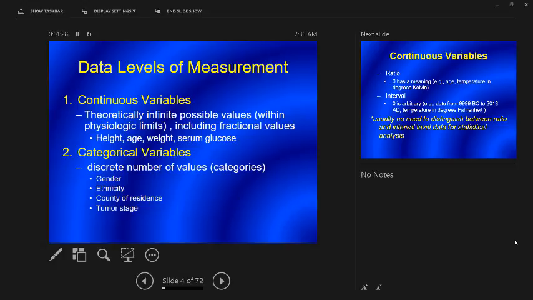They're just a number. That's a continuous variable, as opposed to a categorical variable that can only assume certain discrete values. Examples here you see are gender, ethnicity, what county you live in, a tumor stage. Those are all categorical variables that can only assume certain discrete values.